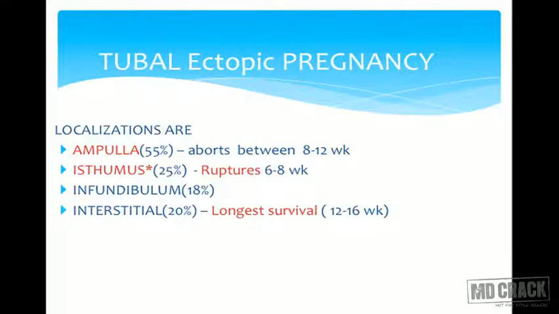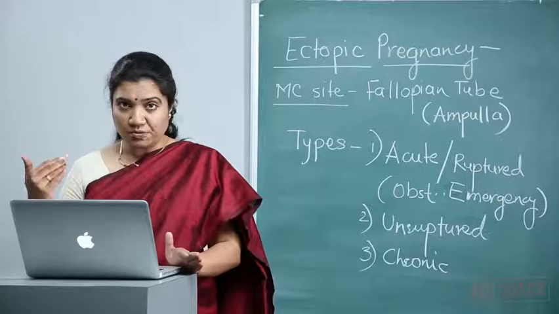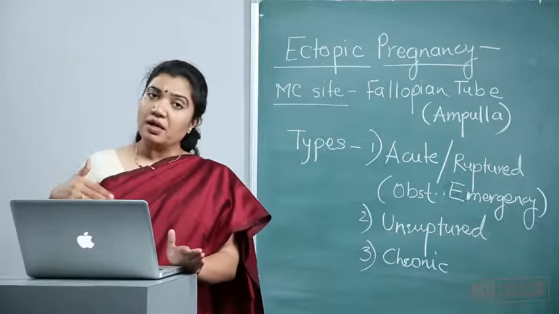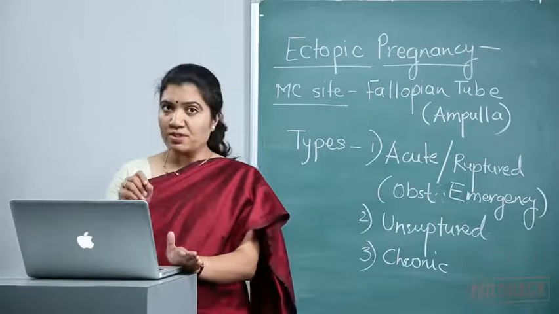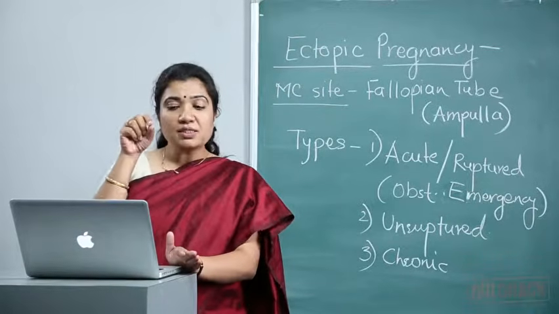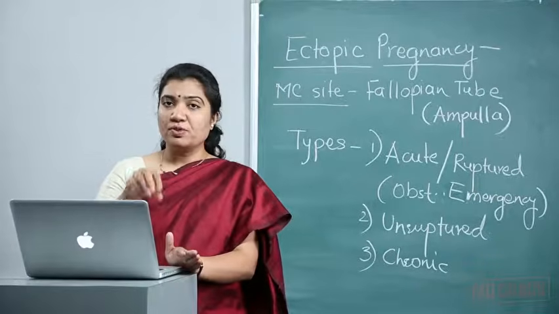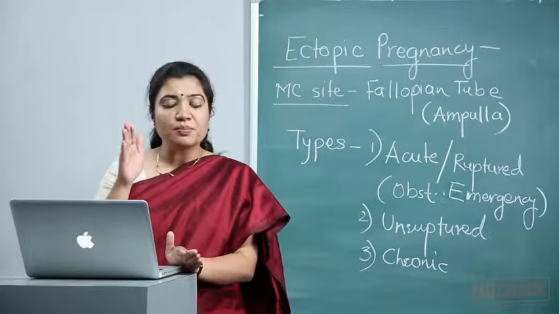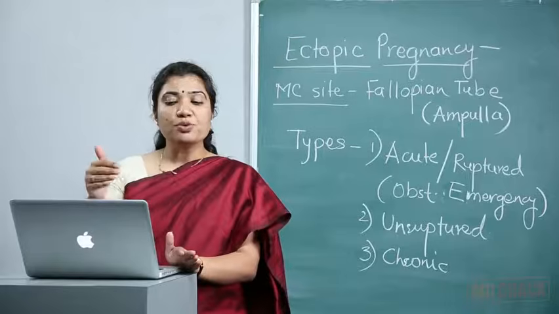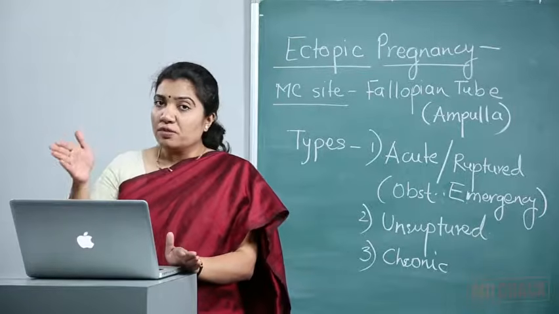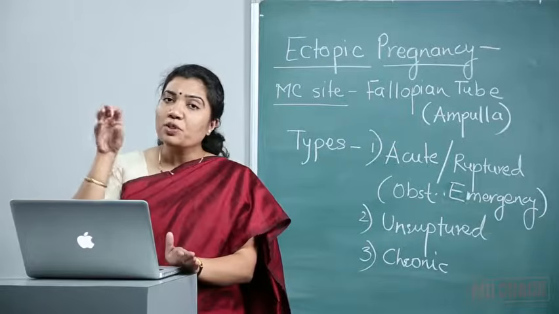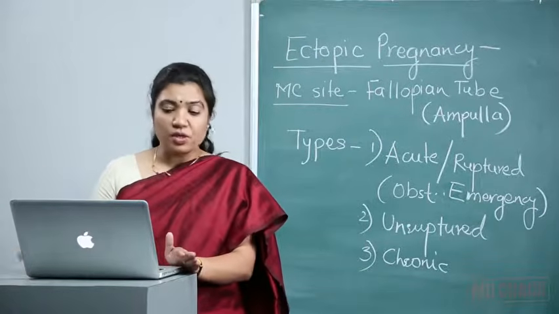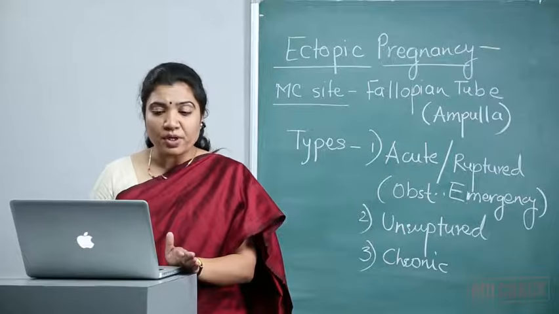Then it can be seen in the isthmic region of the fallopian tube, then in the infundibulum, and the last part is interstitial. So you can remember this sequence as ampulla to interstitium. So that's the thing you can use to remember how frequently in the fallopian tube ectopic would be found at which particular region. So the most common is ampulla.